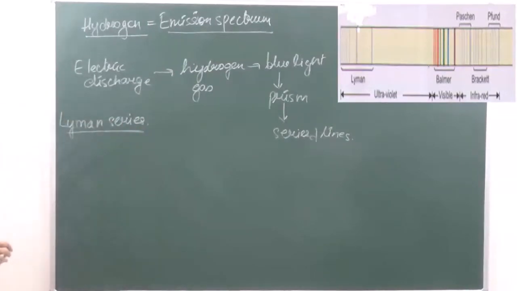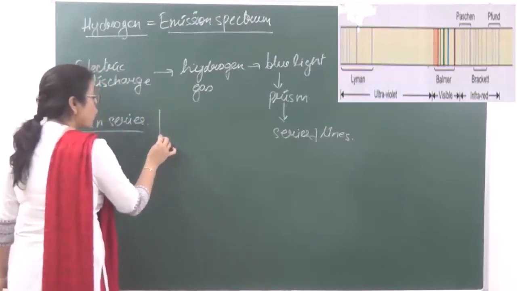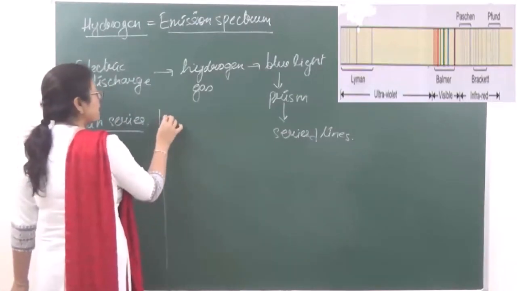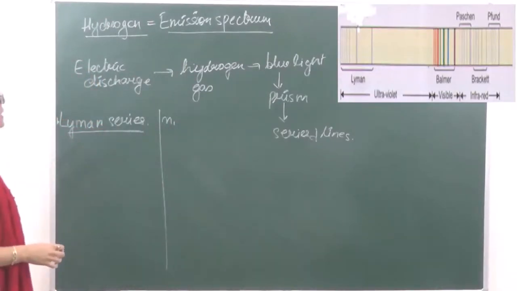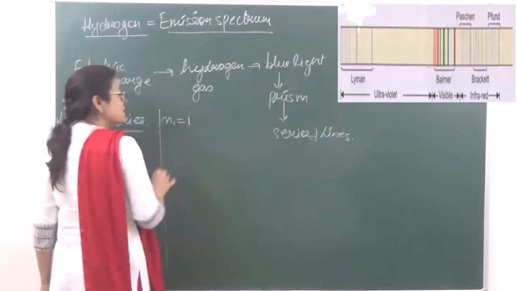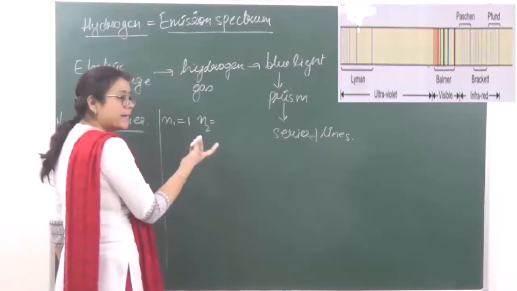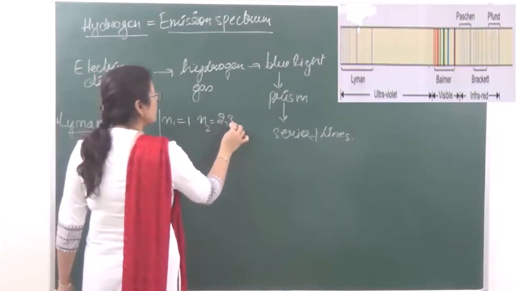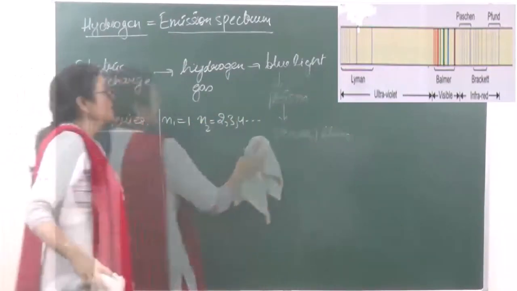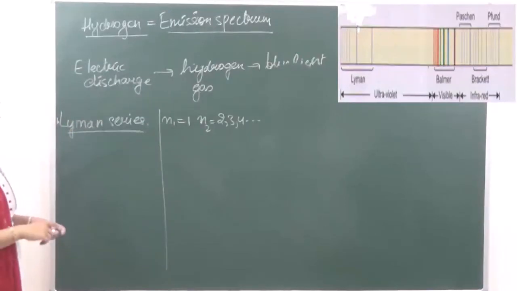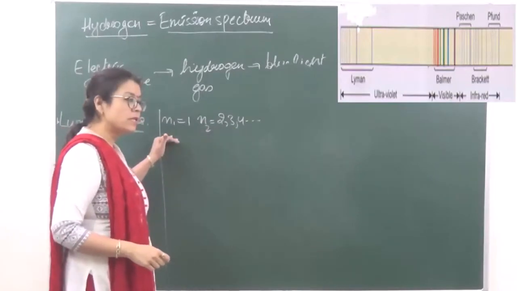Lyman series. Now for Lyman series, we say that the transition is from, let's say this is the first shell, N1, right? So N1 over here is equal to 1, and the value of N2 can be anything greater than 1. So it can be 2, 3, 4 or anything. Now what is happening over here is that the electron jumps from the first to the next level and then it jumps back to the first level.